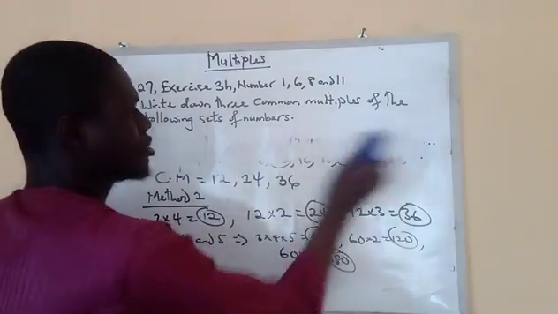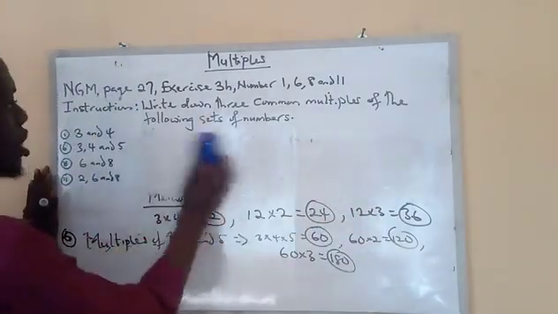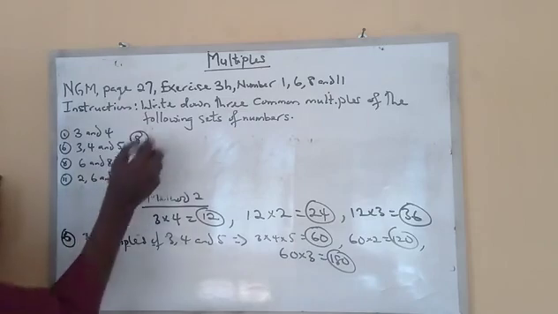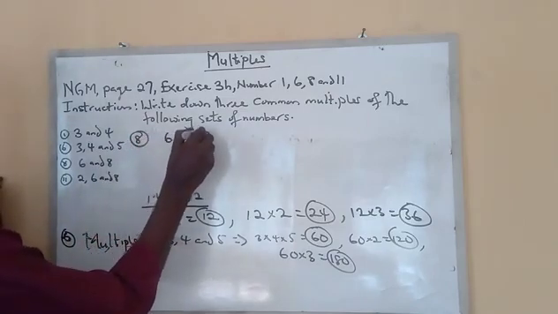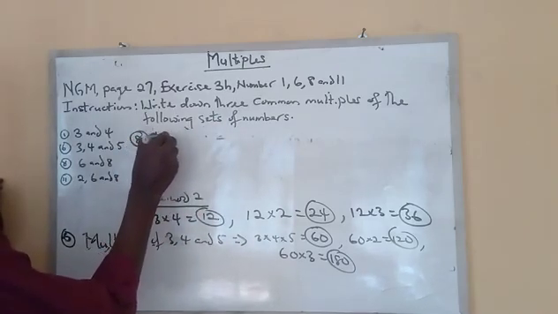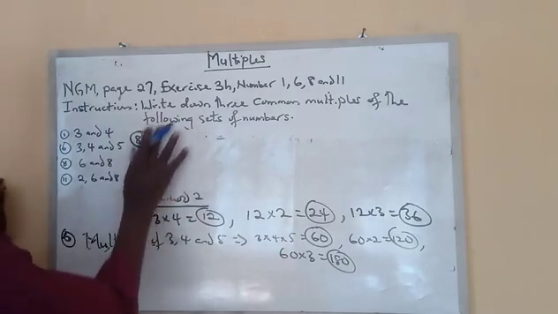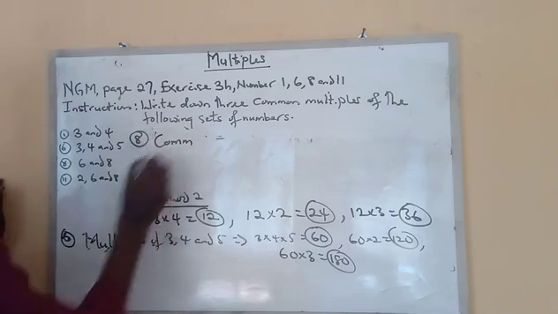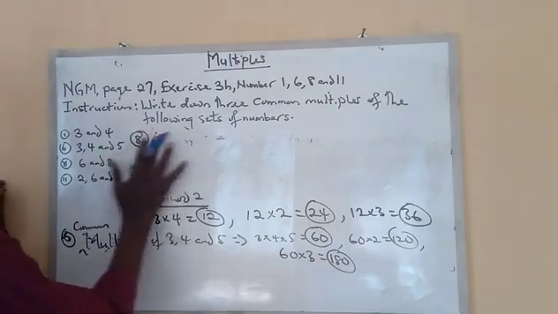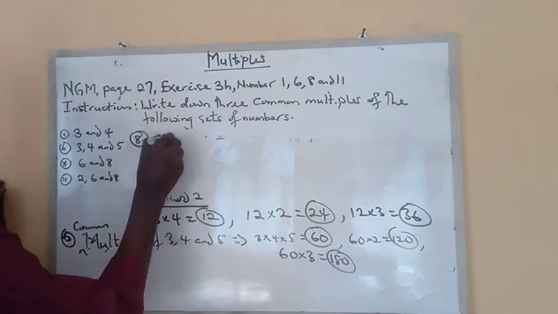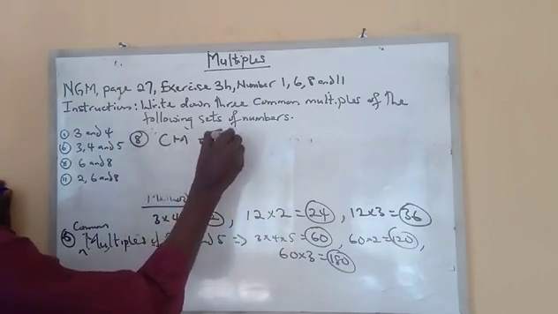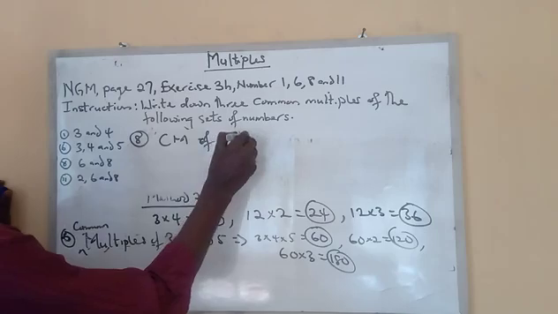For number 8, we have 6 and 8. It is common multiples we are looking for. Let's express this as CM, common multiples, of 6 and 8.